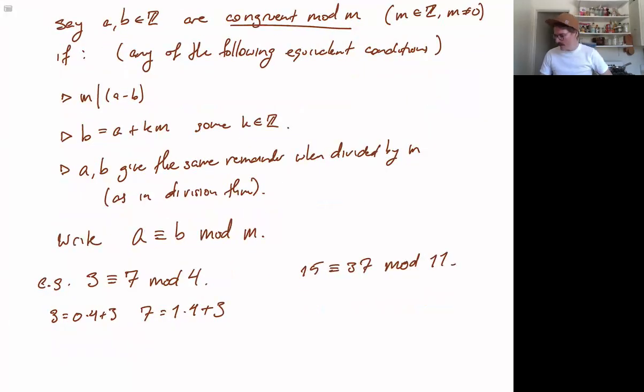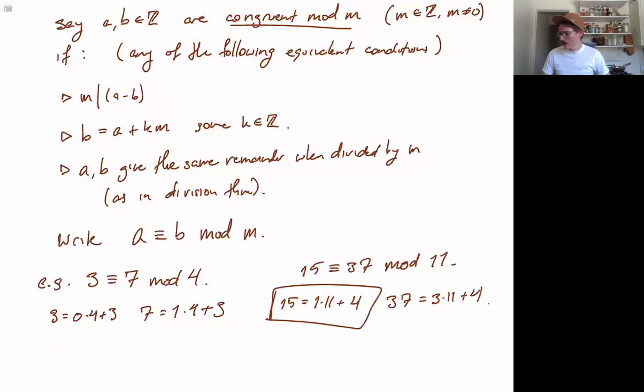So 15 is 1 times 11 plus 4. And 37 is 3 times 11 plus 4. So they have the same remainder. And from these equations, you can also see that these are, again, congruent to 4 modulo 11.